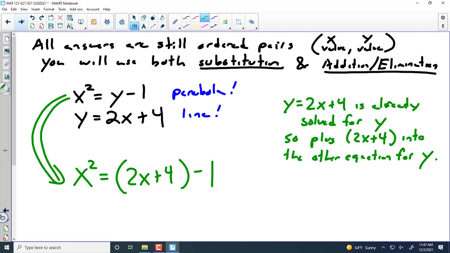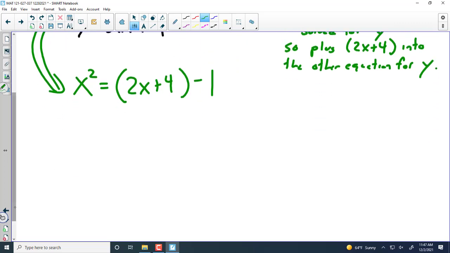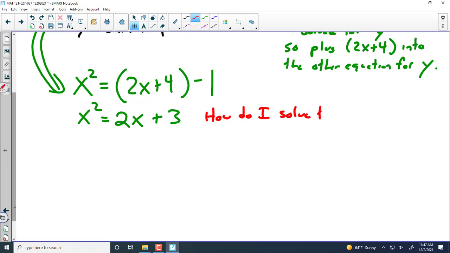The problem is, how do I solve this quadratic for x? How do I get x all by itself? What do I do?